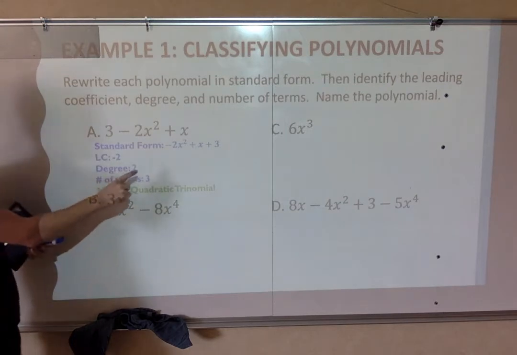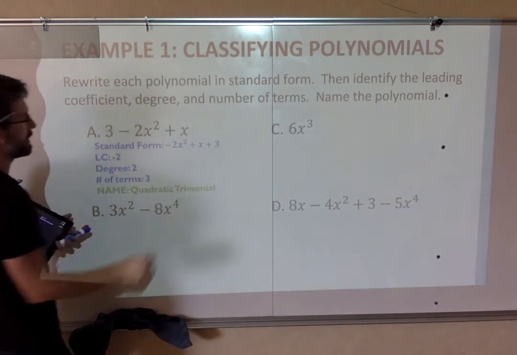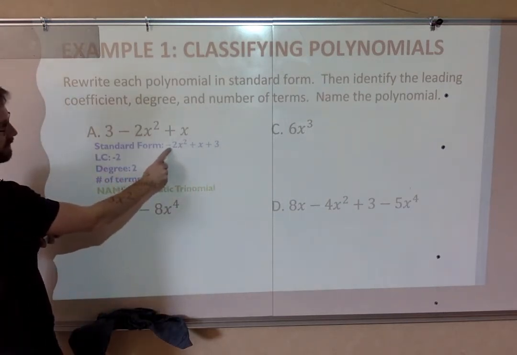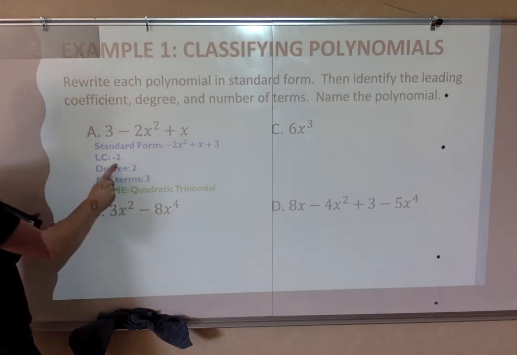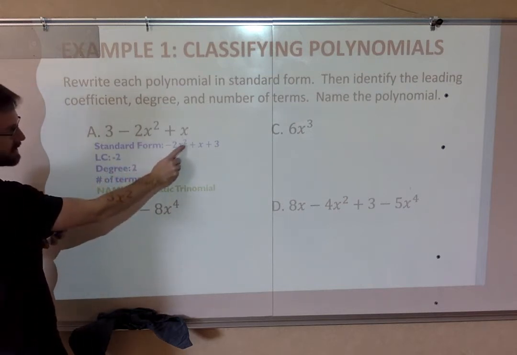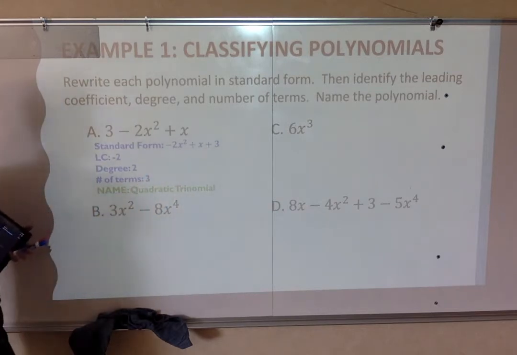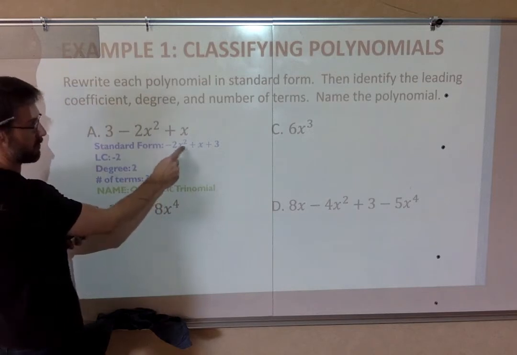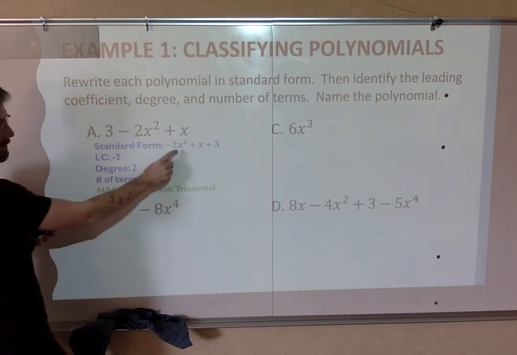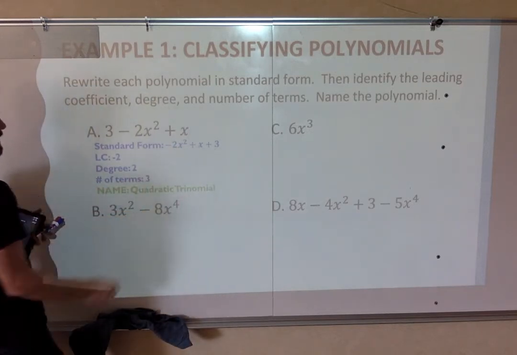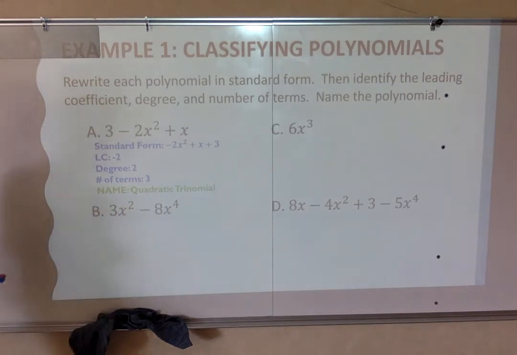Once I have it into standard form like this, the leading coefficient is that first number, which is -2. The degree is the highest exponent, which is 2, and then there are 1, 2, 3 terms, so the number of terms is 3. It is a quadratic because it's x squared for the highest exponent, and because there are 3 terms, it is a trinomial, so quadratic trinomial.